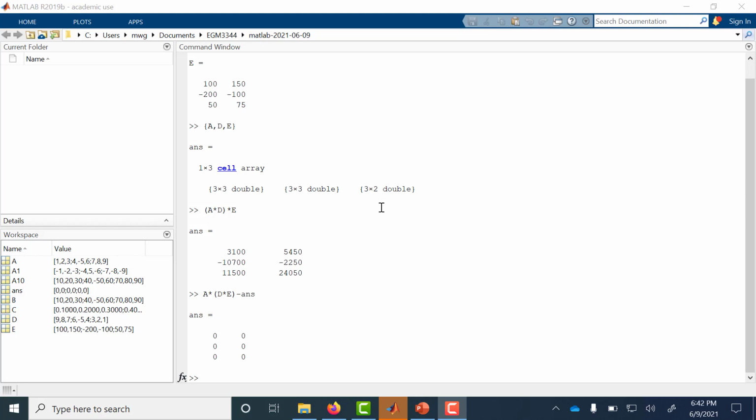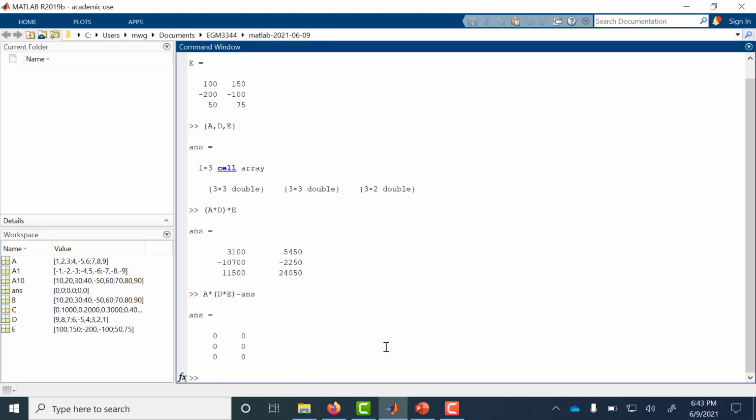A lot of 3's in here, and I thought, what if I were to change A and D up a little bit, and I made maybe A a 3 by 4, add a column to A, and then I'd have to add a row to D in order to multiply those together. So a 3 by 4 times a 4 by 3, I think I said that right.